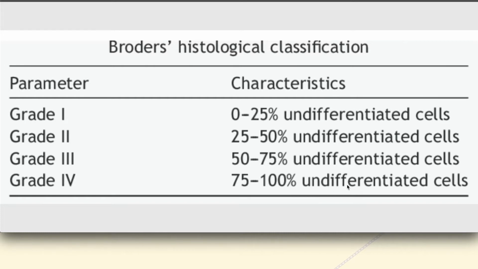When you have a tumor that is clearly differentiated, you can recognize the type of cells and know which lineage the cells are going to, then the tumor is usually in a better condition, grade 1, compared to totally undifferentiated ones, which are considered grade 4.